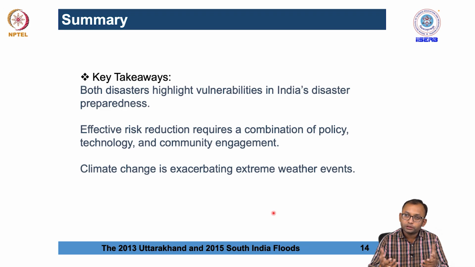Both have exposed our management and our preparedness towards extreme flooding events or extreme climatic events, which are driven by climate change as well as human activities. We need to think about how we can manage it for the future, and what lessons we have learned from these case studies, so that we can prevent the negative side of these flooding events in future in different parts of the country.